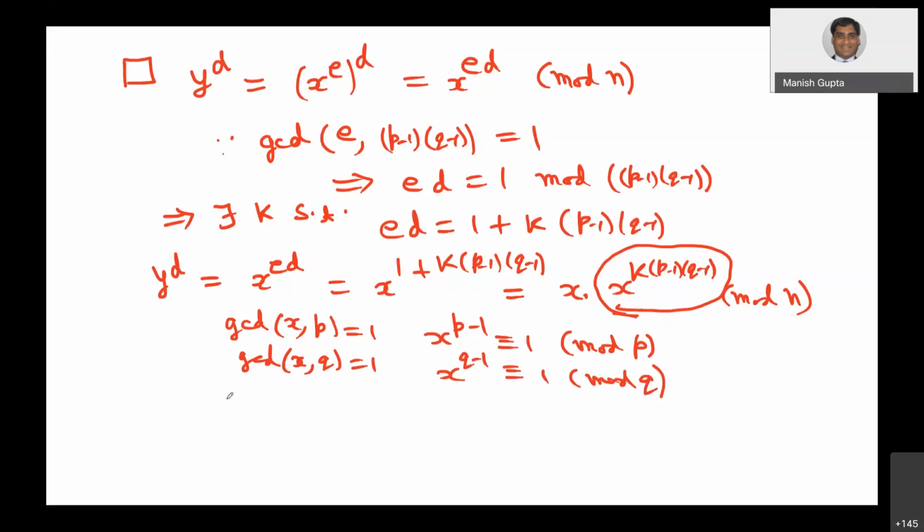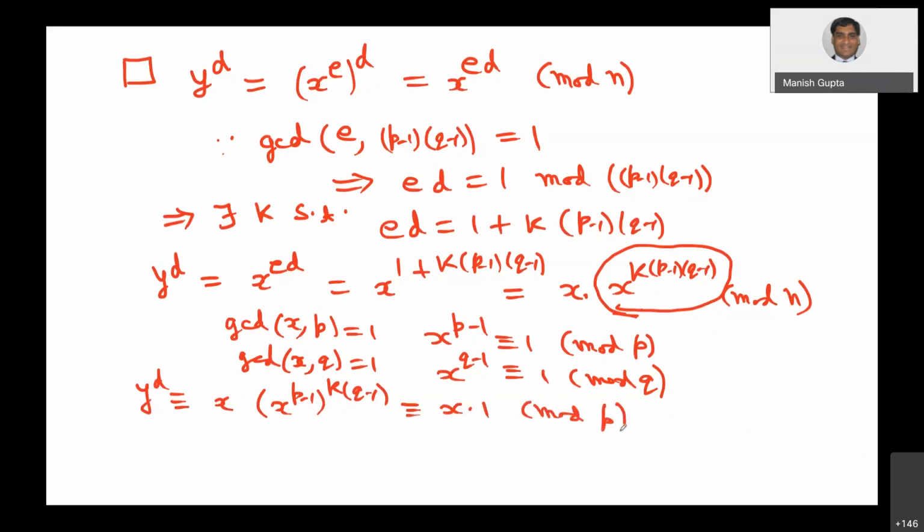So therefore, this quantity Y raised to power D can be written as X times X raised to power P minus 1, raised to power K times Q minus 1, right? Now X raised to power P minus 1 is congruent to 1. So this is 1 raised to power K times Q minus 1, which will be 1.